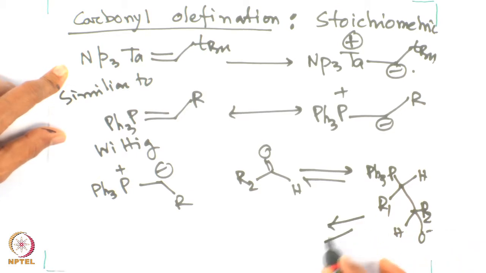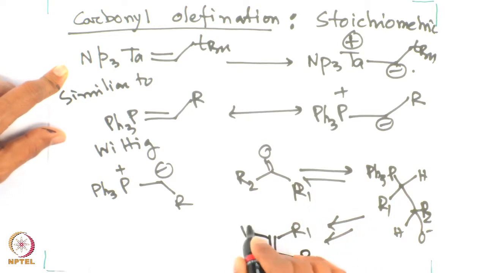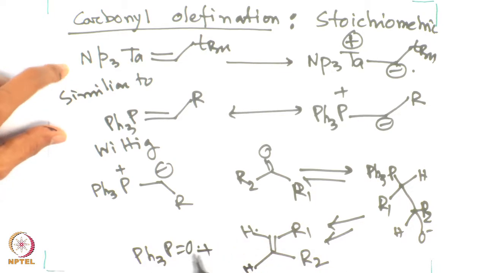From there you get R1 and R2 H along with triphenyl phosphine oxide.